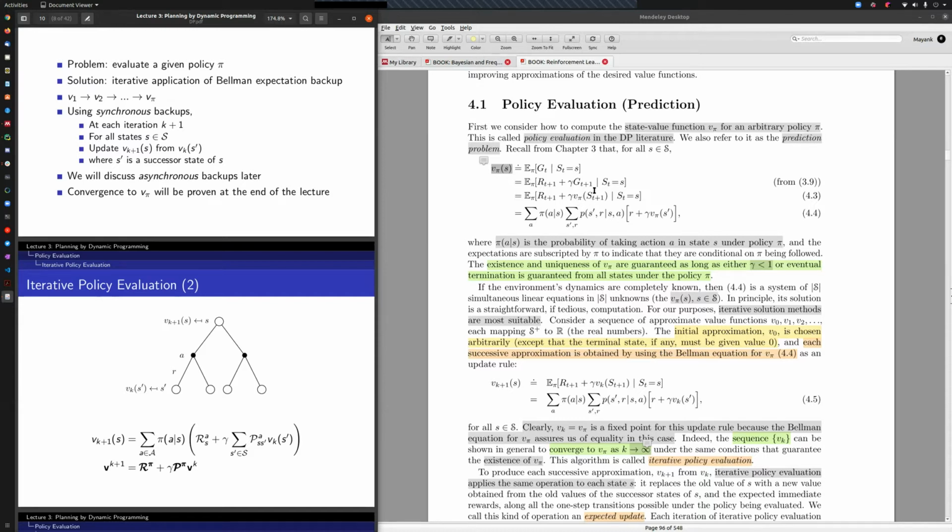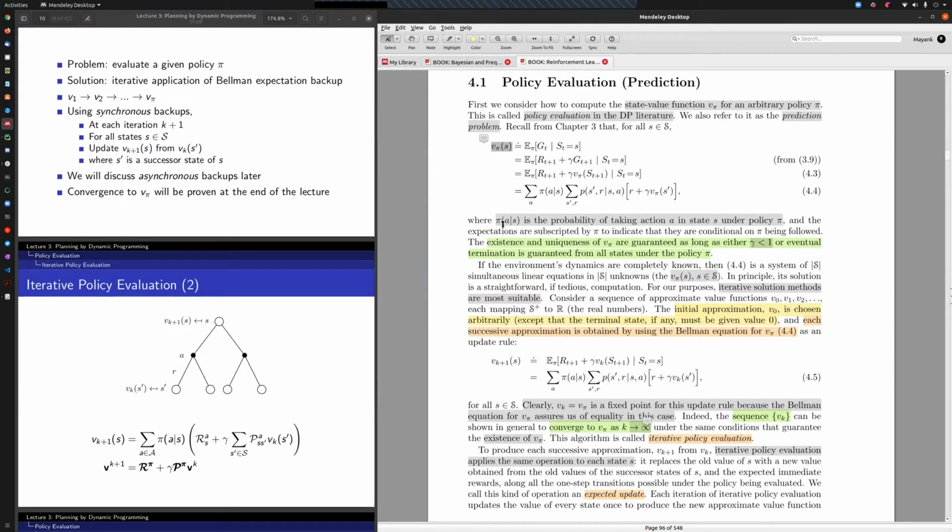Written as the discounted value of the policy here. This is from equation 3.9. We have expanded it further, and it can be written in the end as this. This is just the expansion, and we have the notations here.